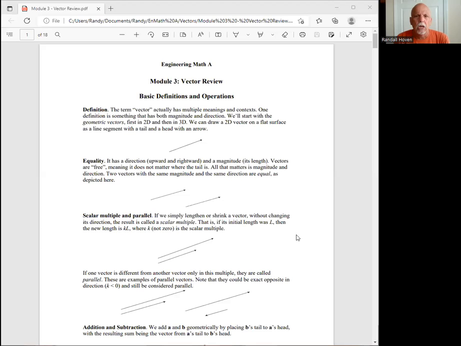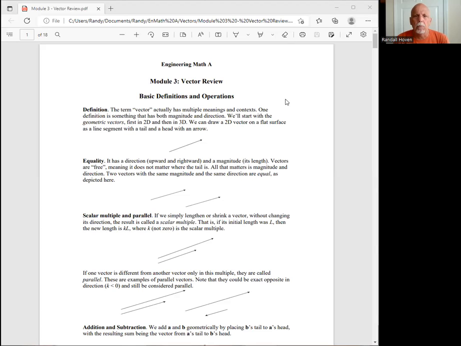And the first part I'm going to do, I didn't even bother making slides like I usually do. I'm just going to go directly from my notes to get to the basic definitions of things.